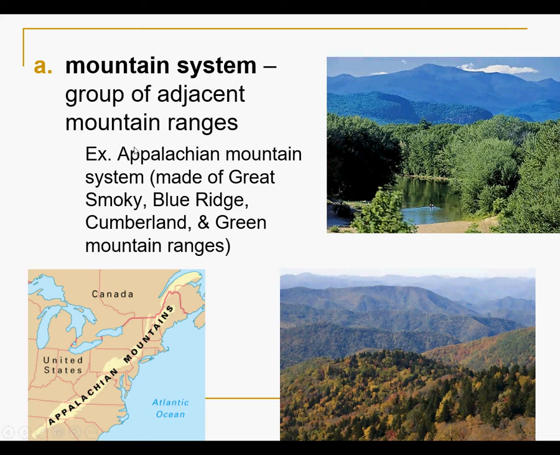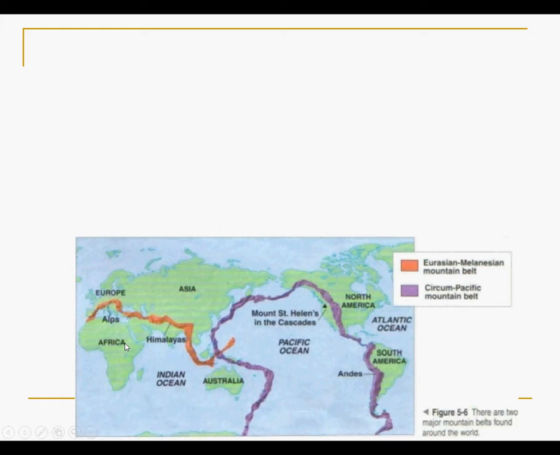And when we talk about Appalachia, the Appalachian Mountain System, you think about the Adirondacks and the different mountain ranges. So each of them make up a giant mountain system. So it's these adjacent mountains.